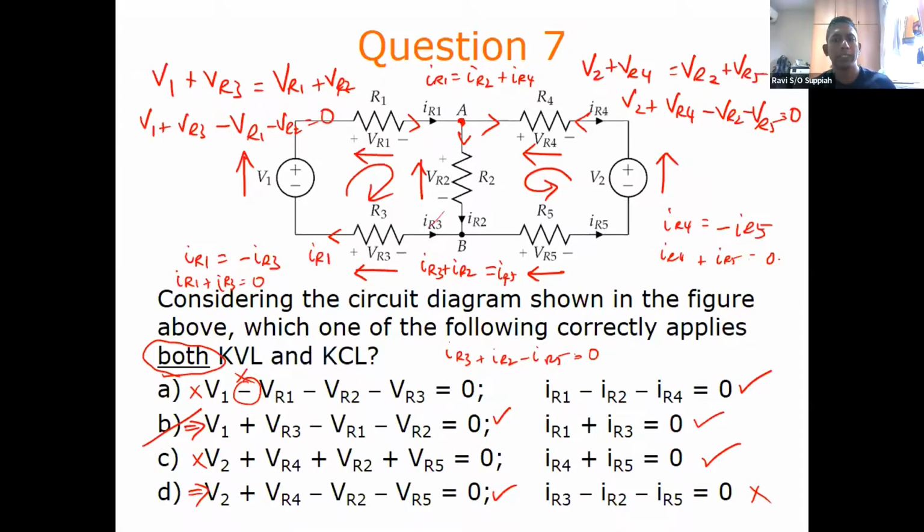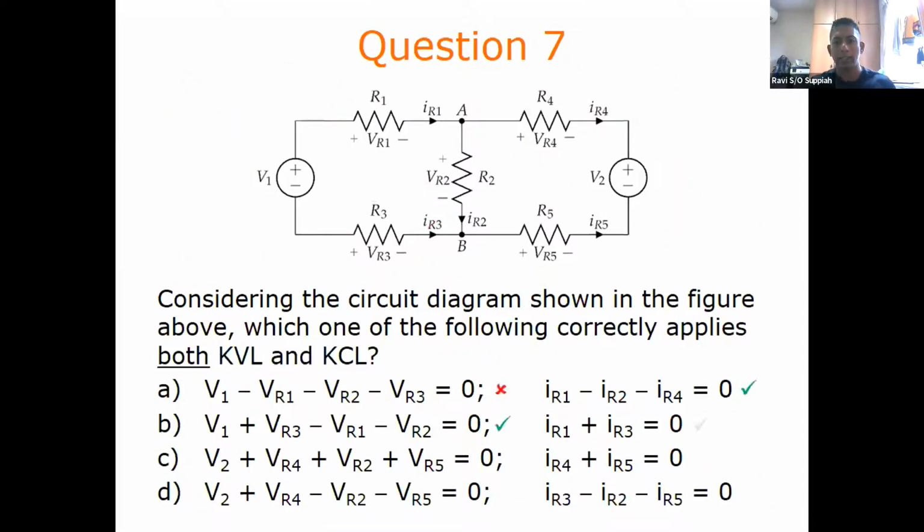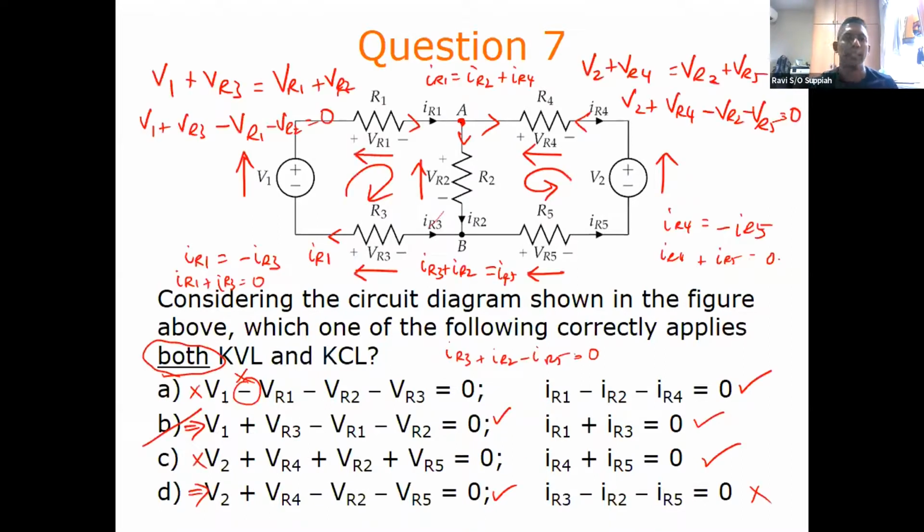After we get the final answer, we must go back to our assumption and see whether it was correct or not. As long as you understand the basic concept of how to apply KVL and KCL correctly, you should be fine. So this is basically the final solution you will get, but let me go back to my slide so you can see all the working.